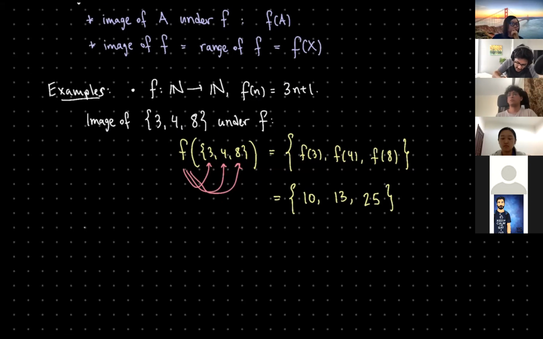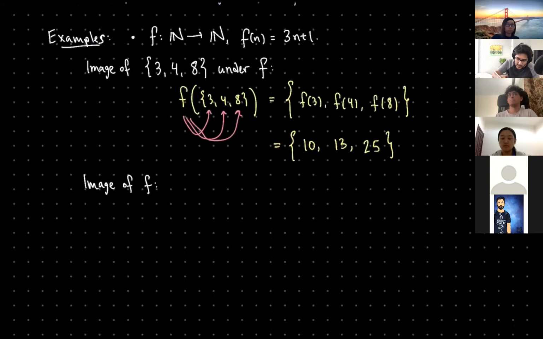But how about the image of the entire function f? For this, I need to look at the set of all possible outputs. So I need to look at f of the set of all natural numbers, which is f of n as n ranges through every possible natural number.